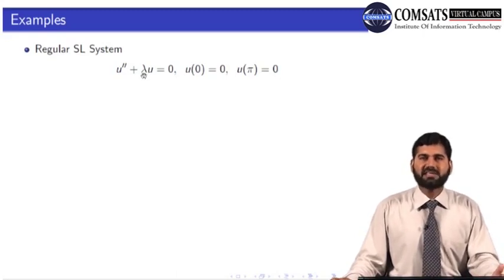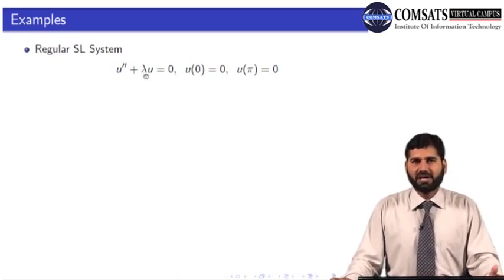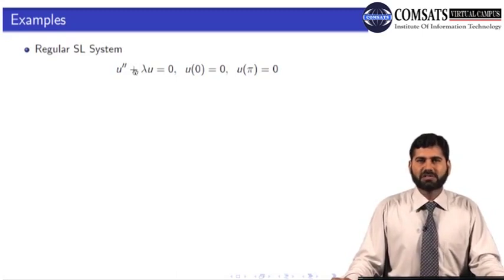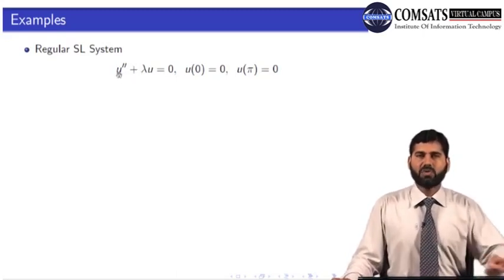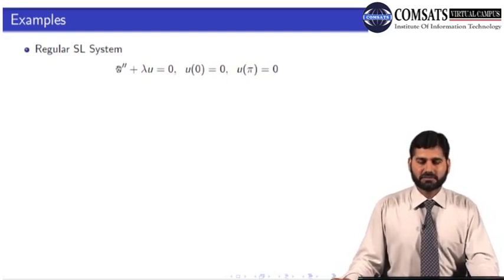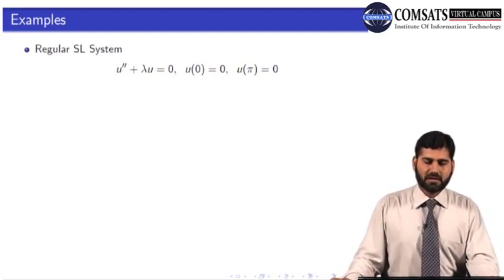It means q(x) is 0 and p(x) is 1, because there is no term without lambda, so q(x) is 0 and p(x) is 1. And r(x) is 1, so r(x) is never 0 in this interval.